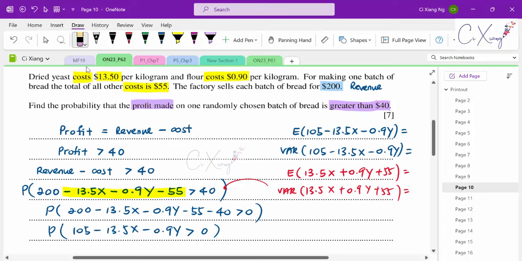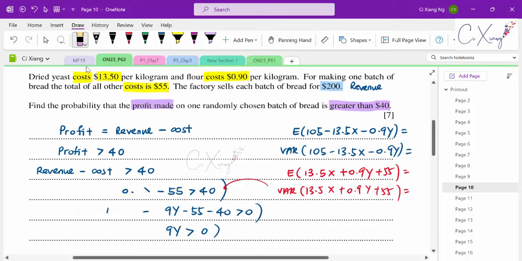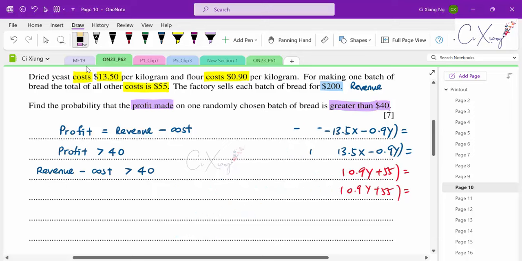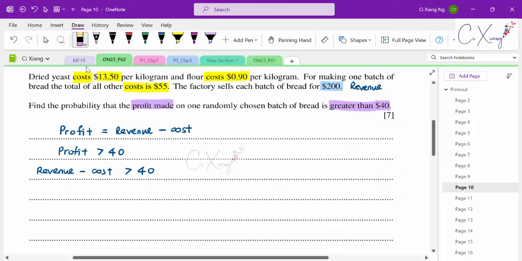All right, so let's discuss what I am using here. Okay, so for me personally, I'm finding out the mean and also the variance for cost first. All right, so I need to erase everything here, yeah? So if you need to refer back to the steps, you can just pause the video first. All right, so I know that profit is equal to revenue minus the cost.